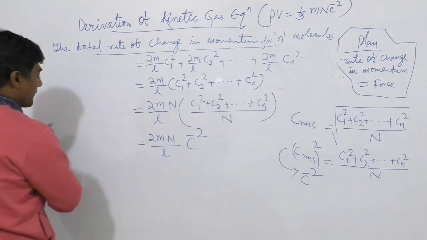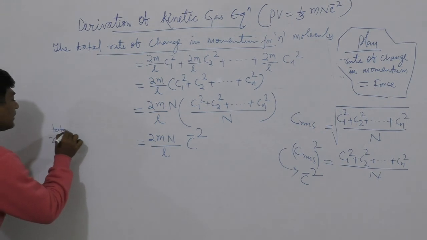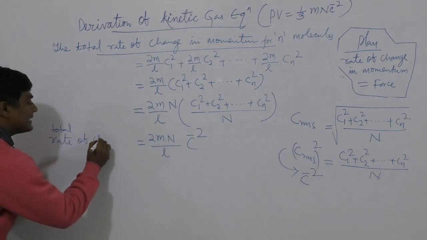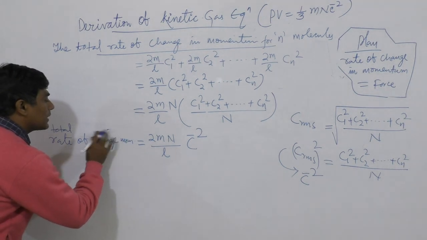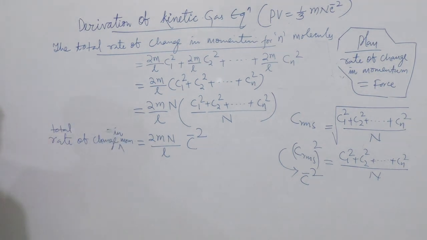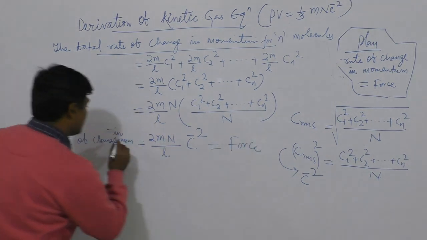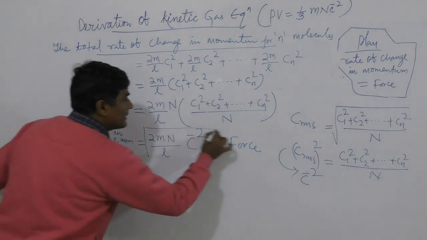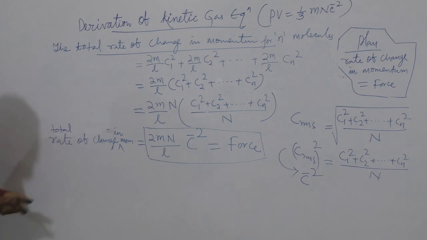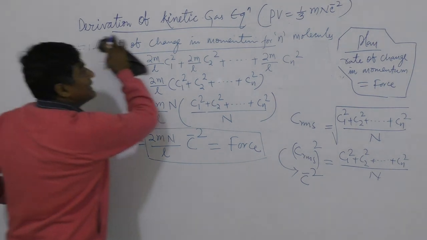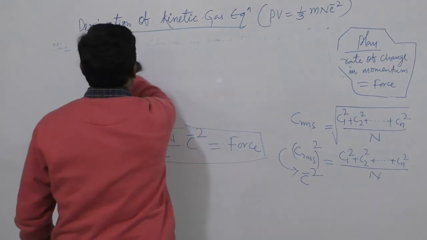So this total rate of change in momentum is equal to force. Once we determine the force, let us calculate the pressure.